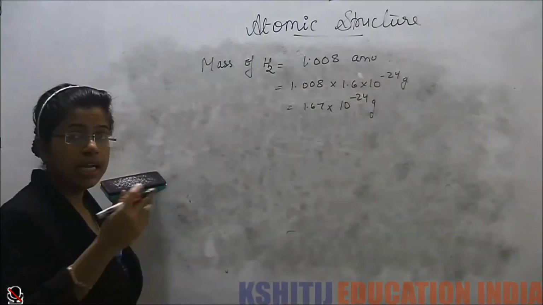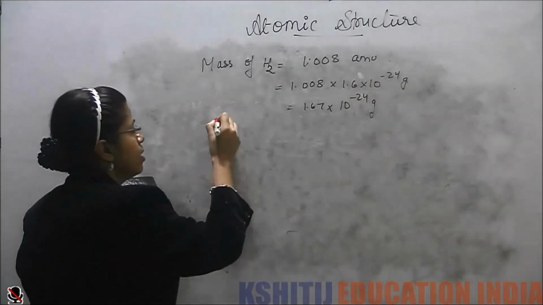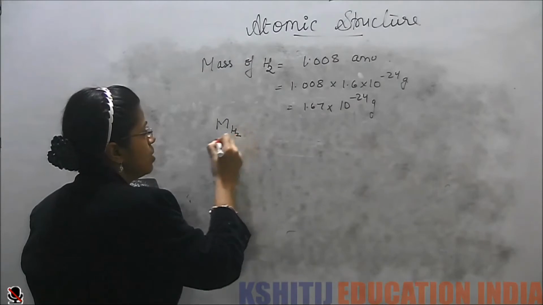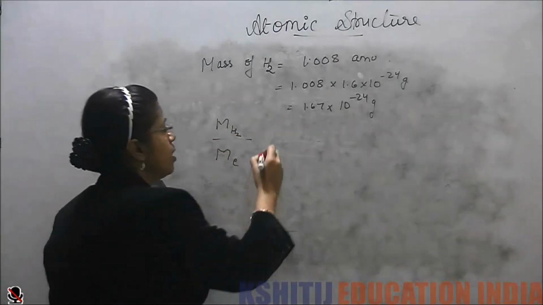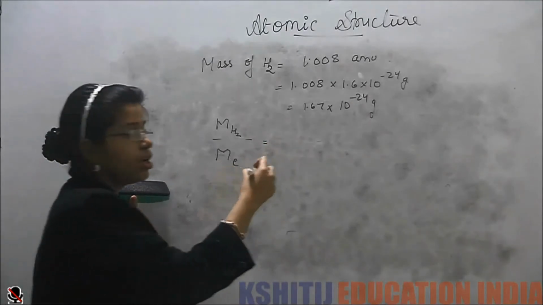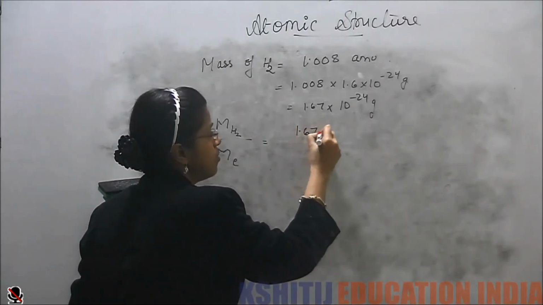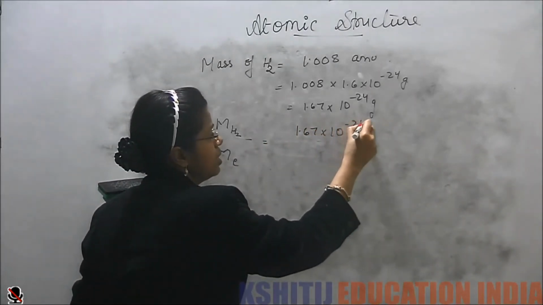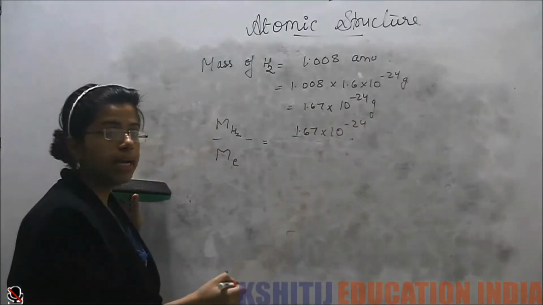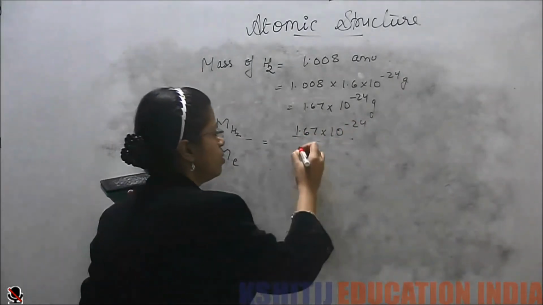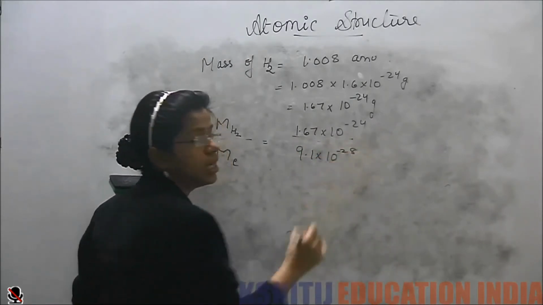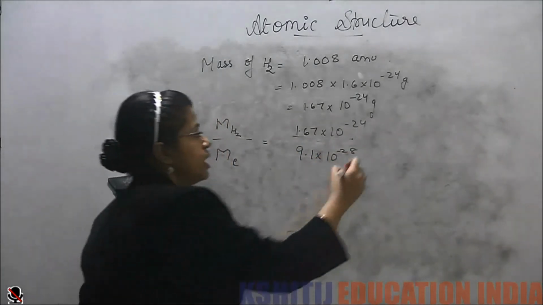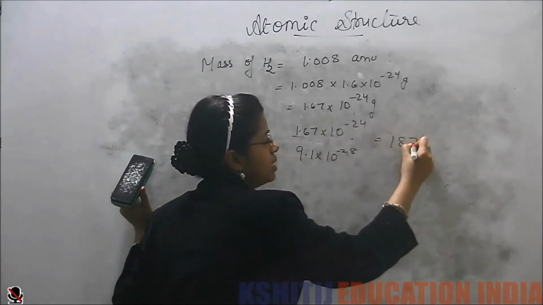Okay, let us find the relation between the mass of the hydrogen atom and the mass of the electron. Mass of the hydrogen atom we saw is 1.67 × 10^-24 divided by the mass of the electron, we know 9.1 × 10^-28 in grams. So it comes as 1837.